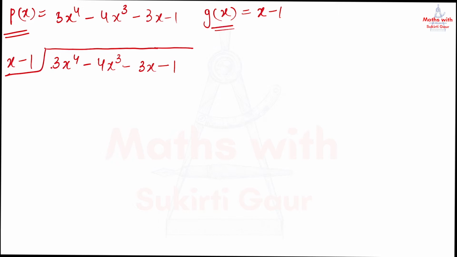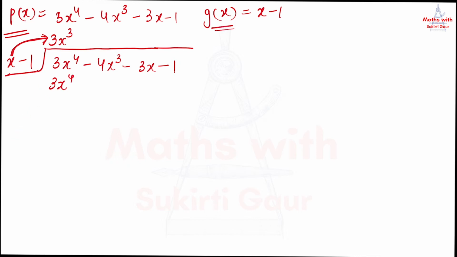As I told you, we are going to first focus on the first term, 3x to the power 4. To get 3, I am going to multiply by 3 only, and to get x to the power 4, I am going to multiply by x to the power 3. I took 3x cube here, so that if I multiply this x by 3x cube, I am going to get 3x to the power 4.